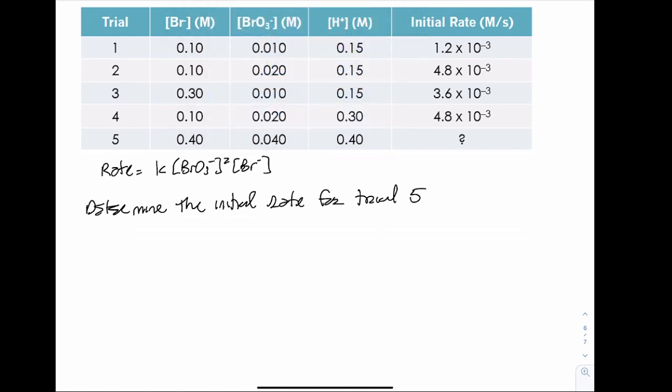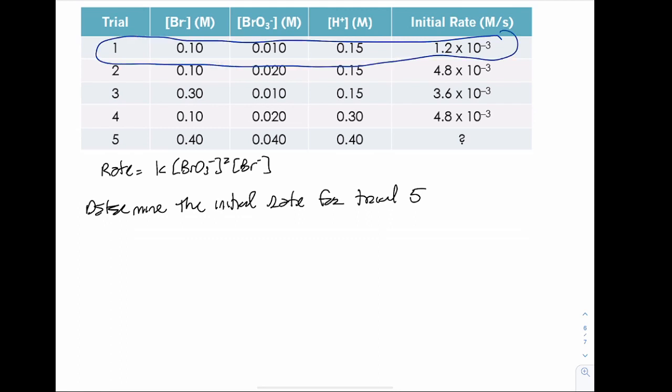You can use any trial you want. The rate constant actually is constant. So if you want to, just for funsies, I'm going to use trial 1. If you want to do trial 2 while I'm doing trial 1 and see if you get the same answer, that would be cool. So I'm going to take this information and plug it into my rate law.